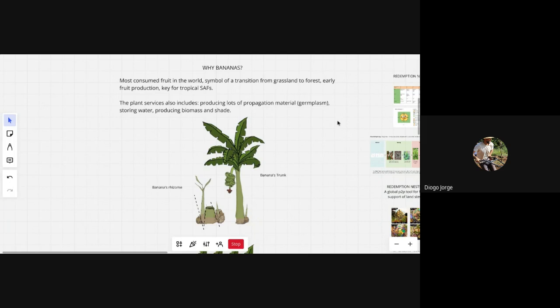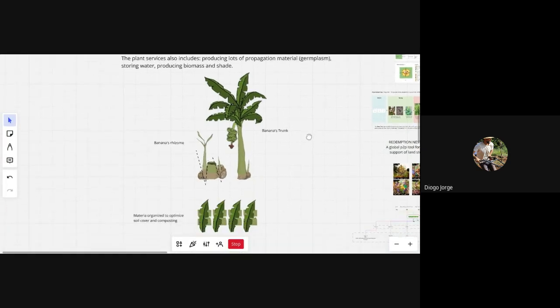They are the most consumed fruit in the world, and a key species for tropical souths. And it also produces a lot of propagation material, which is called germplasm or genetic banks. It stores a lot of water inside it and produces a lot of biomass and shade.